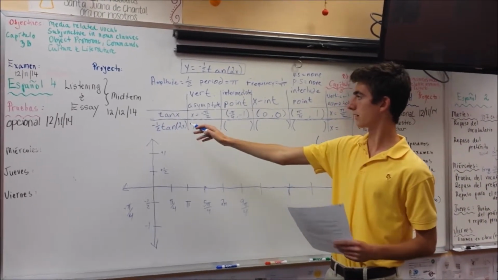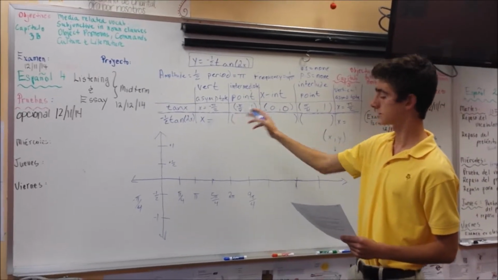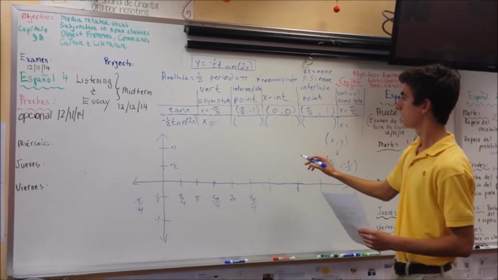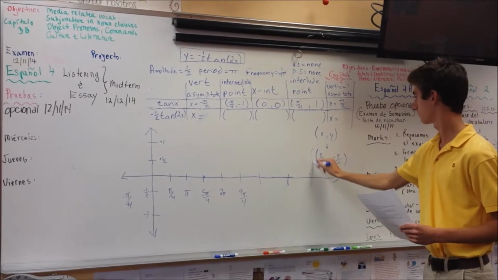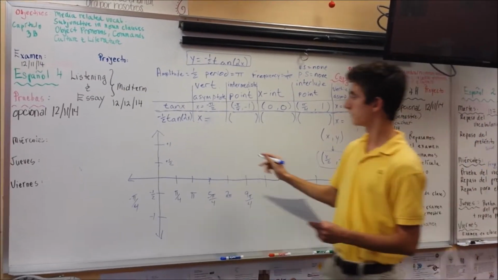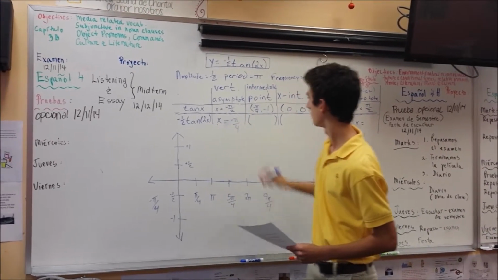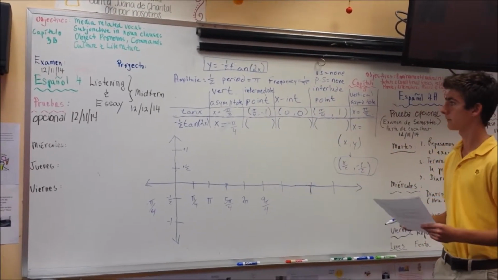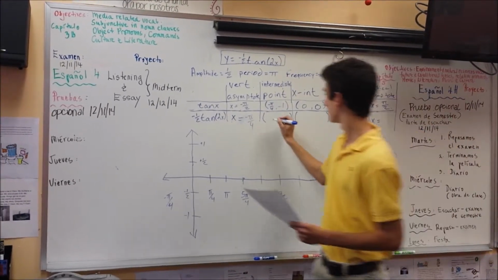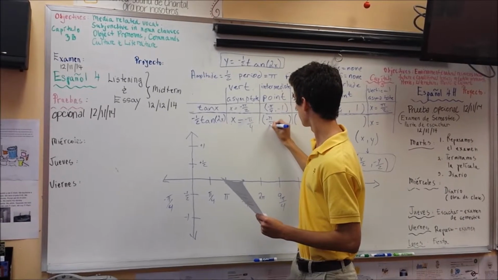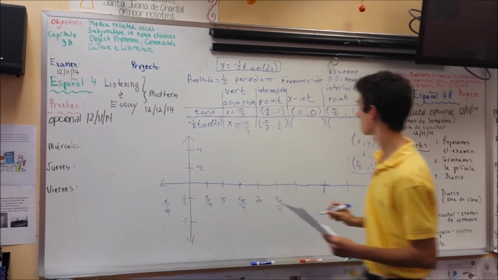So in the parent graph of y equals tangent x, the vertical asymptote is negative pi over 2. But due to the transformations that we have here for our graph, the vertical asymptote is going to be negative pi over 4. For the intermediate point of the parent graph, it's negative pi over 4, negative 1. For our intermediate point, we have negative pi over 8 and positive 1/2.